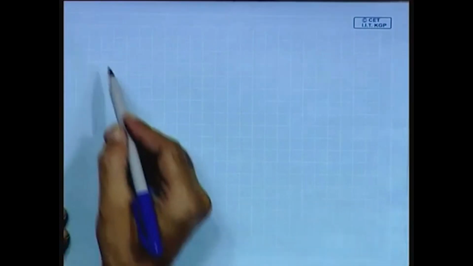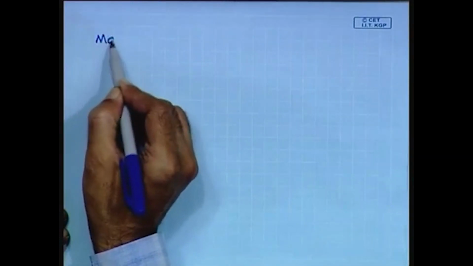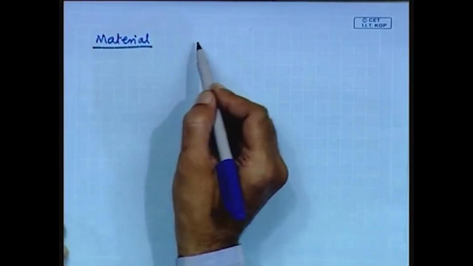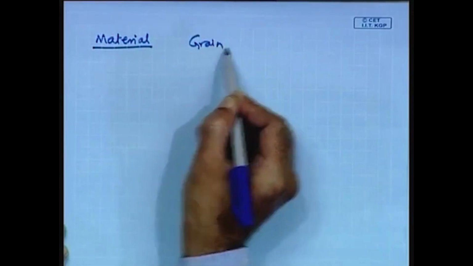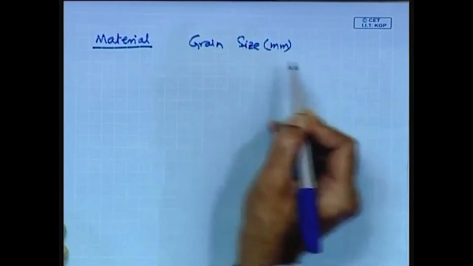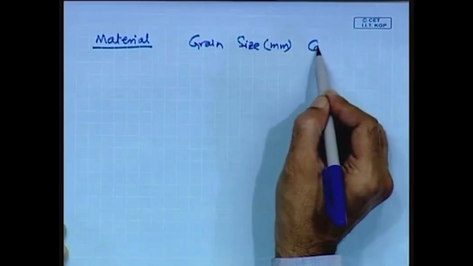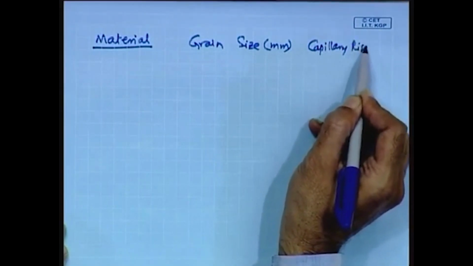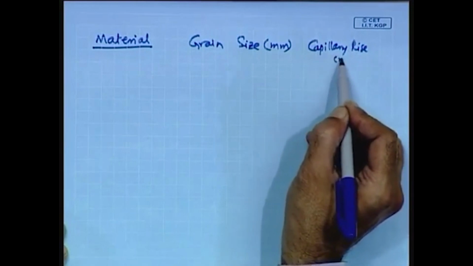So, this is the material, grain size in millimeter, then capillary rise in centimeter.